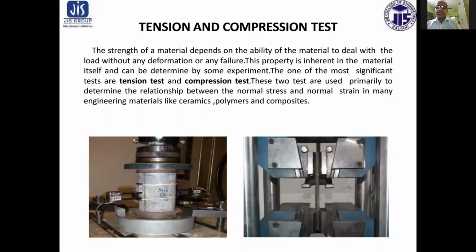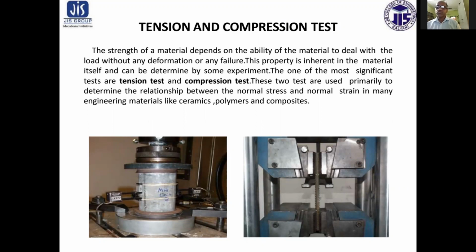The tension and compression test. The strength of a material depends on the ability of the material to deal with the load without any deformation or any failure. This property is inherent in the material itself and can be determined by some experiments. One of the most significant tests are the tension test and compression test.